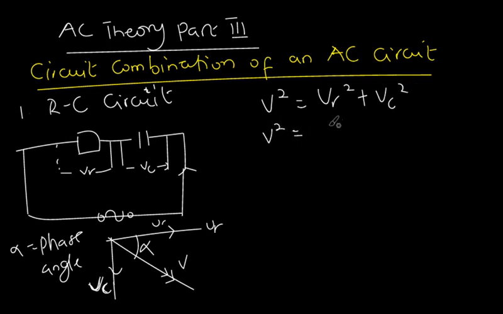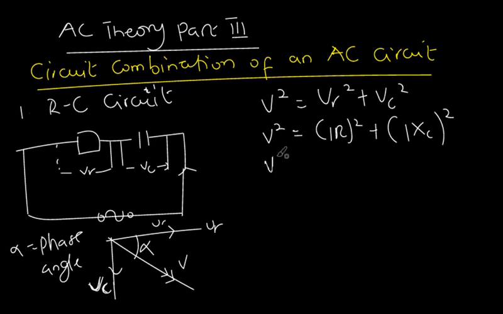We know VR, the voltage of a resistor, is equal to IR, so we square it, plus that of the capacitor, which is I times XC, squared. This XC is the capacitive reactance from the second tutorial, if you've watched that.